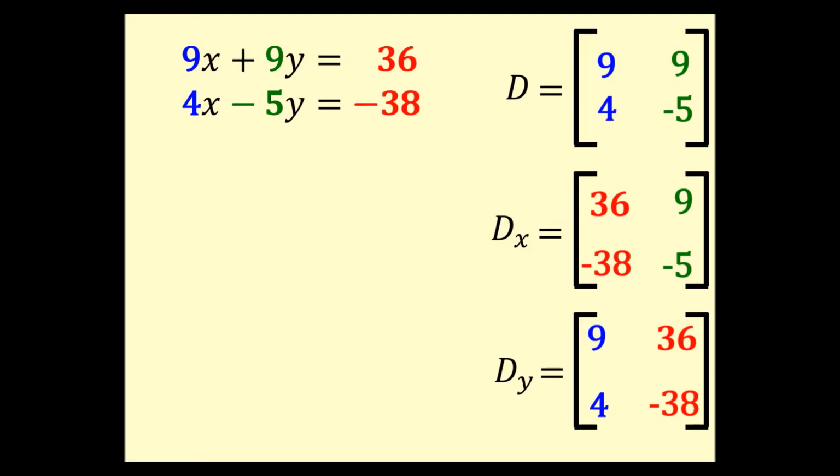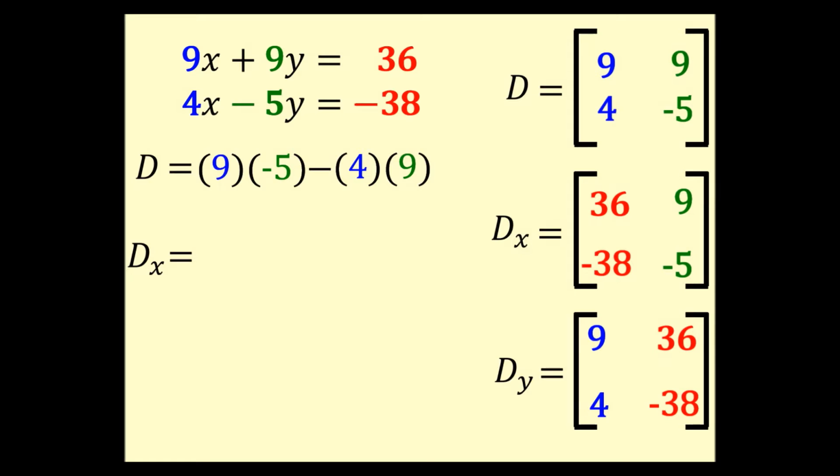Now we can set up our determinants. We'll set them up now and do the calculations in a minute. To calculate the determinant of D, we multiply 9 and negative 5, 4 and 9, and then we subtract.